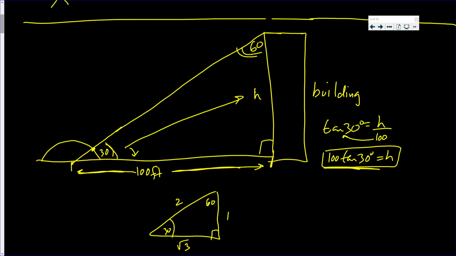That is, this here may be 10 times square root of 3. Well, then this will be 10 and this will be 20. They'll all be multiplied by 10. And if you divide this by that, the tens will cancel and you'll get 1 over square root of 3. Just like if you divided those two.